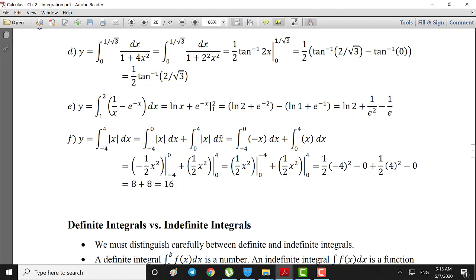We know that we can do this using the properties of the definite integrals, right? Now, in the first integration, the absolute value of x for the values of x from minus 4 to 0 is equal to negative x here. So the first integral here is equal to this.